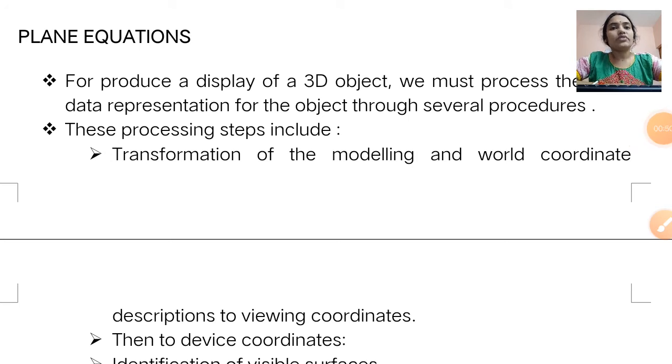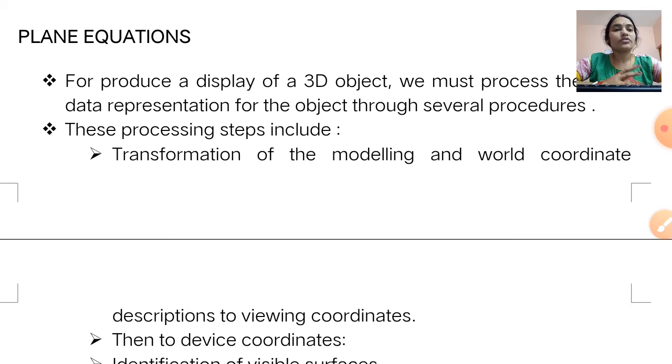First we will discuss plane equation. To produce a display of a 3D object, we must process the input data representation for the object through several procedures. These processing steps include transformation of the modeling and world coordinate description to viewing coordinates.